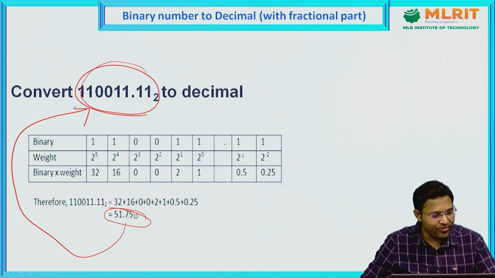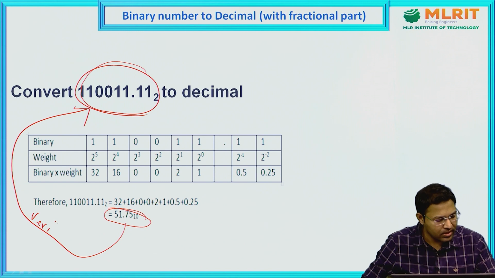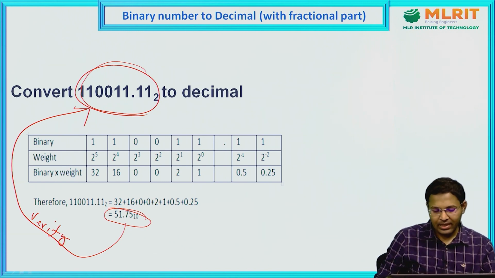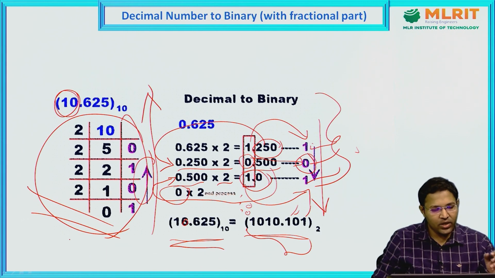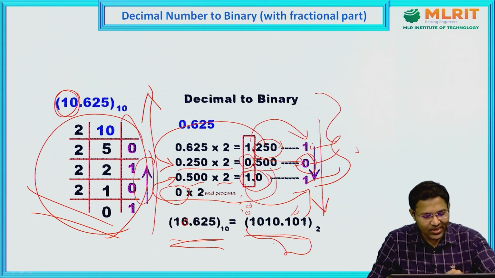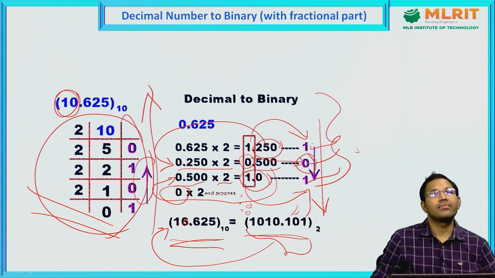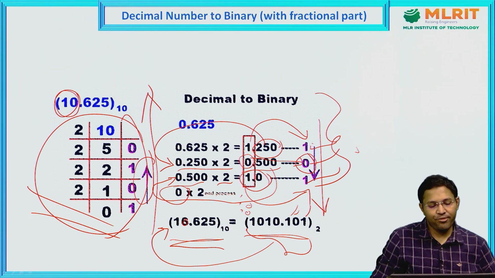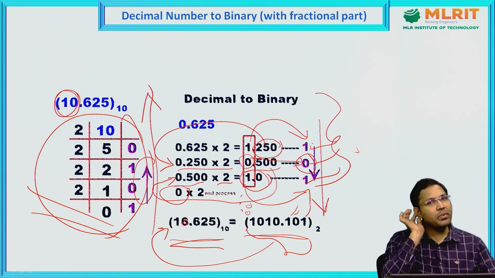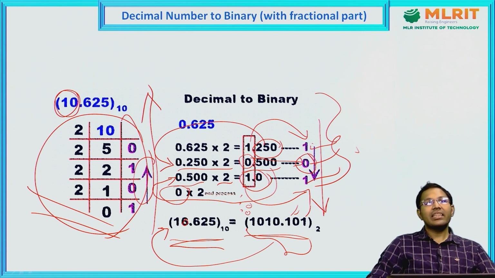You can use that to verify your answer. Likewise, the result that you got here, try to compute and get back this result in your rough column for verification, so that you can be 100% sure that the answer you got is correct.